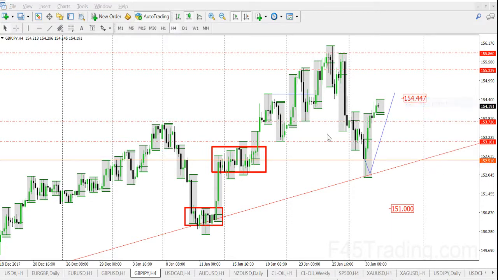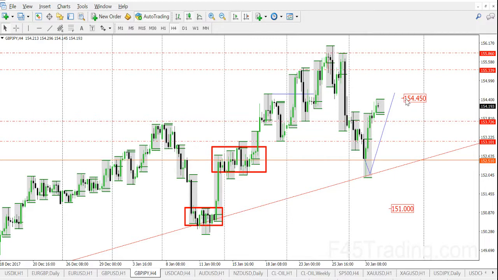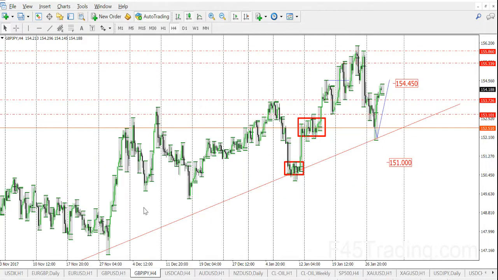So you could even call it a 154.45. That would be a good level, but I don't know if anybody got that. That'd be awesome if they did. If you did, let me know. It'd be great if you took a demo trade on that one, because it's just so easy to identify, but for whatever reason, it wasn't resonating with me.